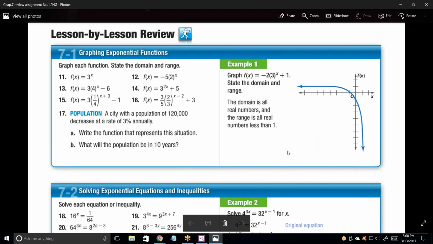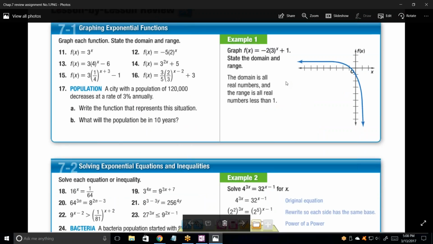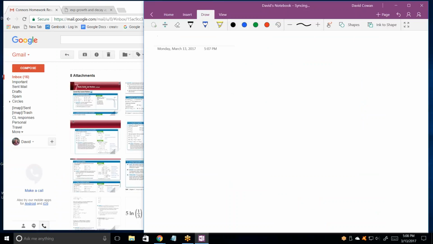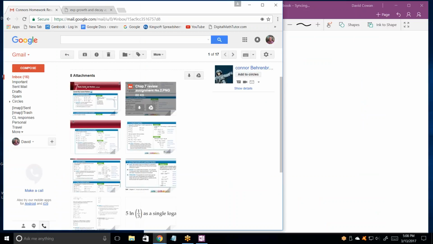Let's see, where are we at here? Which one next? 44. Must be on the next page, maybe? Yes, 44. That's upper right or lower left? Upper right.